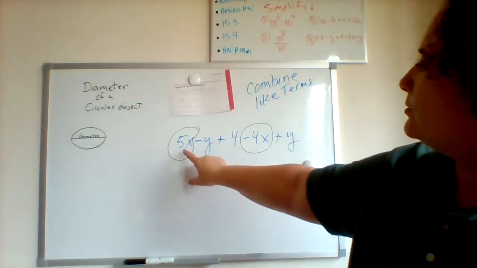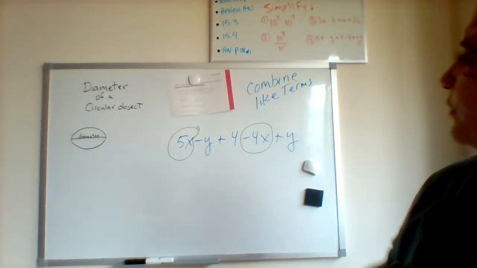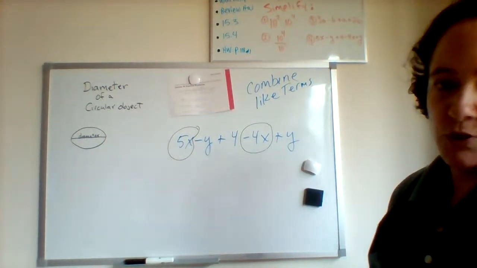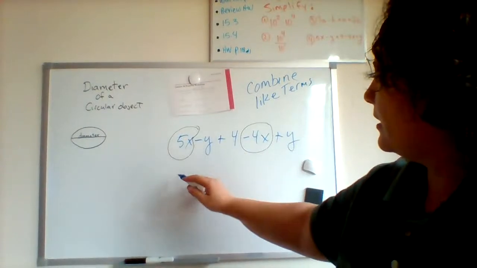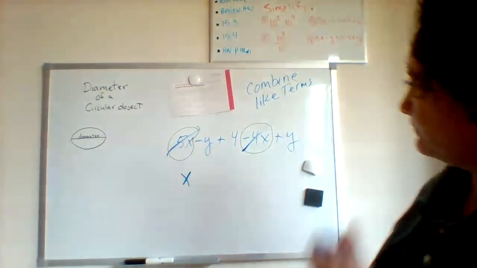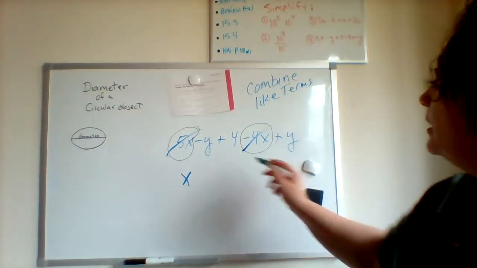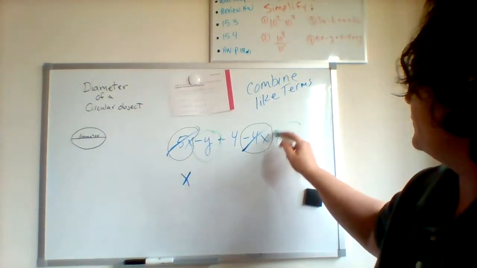Okay, so right now you know that these two, they have the same variable, so we can actually combine them. What is 5 minus 4? It's just 1, right? So for that, combining it is just x. Okay, and we're done. However, there's more that's similar. This has y and this has y.